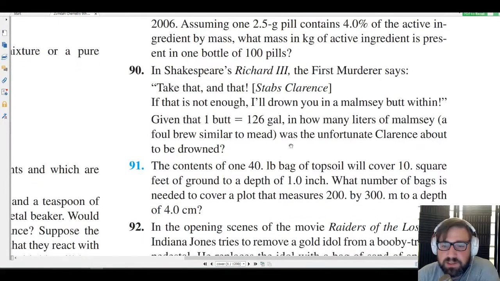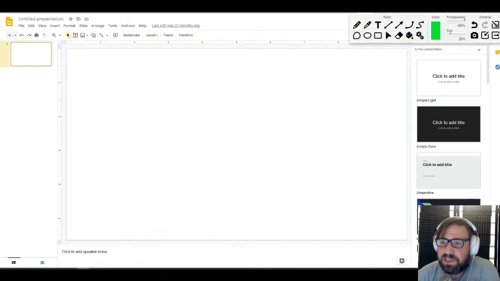All right, so this is just a fun conversion problem. So we have one butt, 126 gallons, so 126 gallons into liters. We can figure out, let's see here.